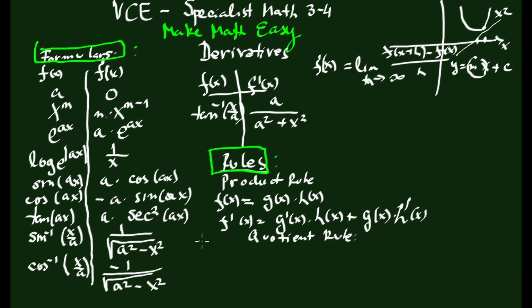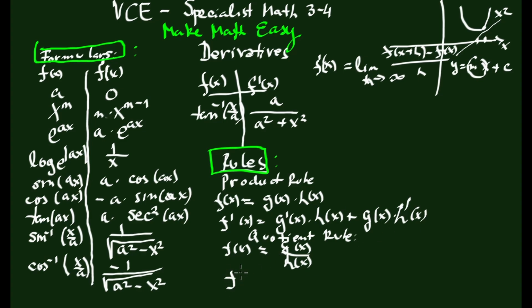So the quotient rule, and we divide the functions, right? So f of x is g of x divided by h of x. So when we have that, we just do it as above, just divide by the second one, and the sign in between them is minus.